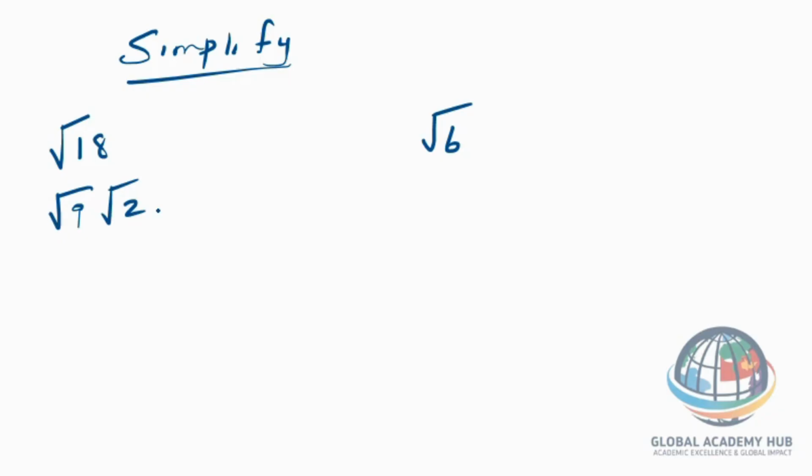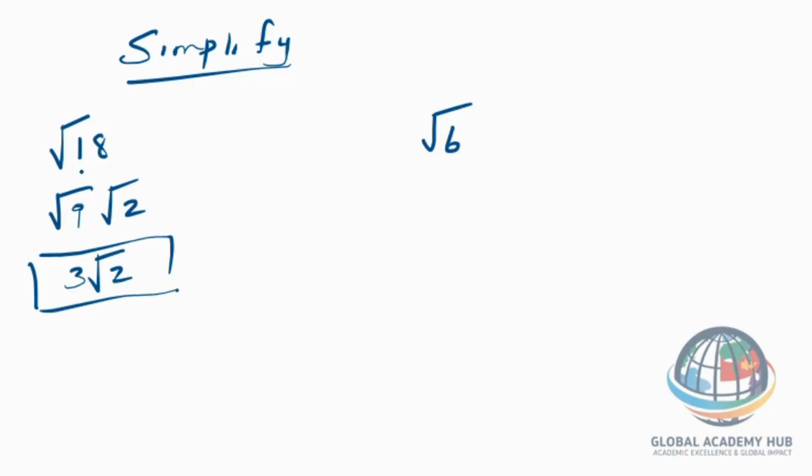My goal is to find two factors. So square root of 9 and square root of 2 are called factors of square root of 18. I want to find two factors such that at least one of them is a perfect square. So in this case, 9 is a perfect square. So the square root of 9 is actually 3. So I've simplified this to 3 square root of 2.